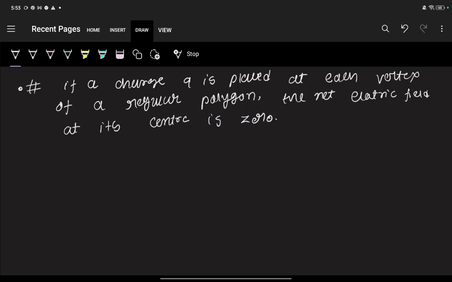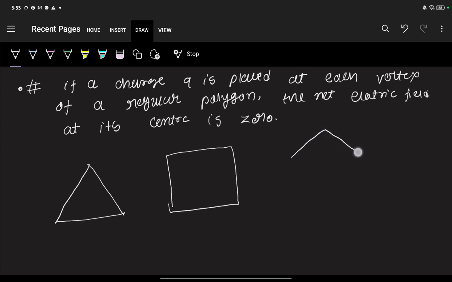Regular polygon means an equilateral triangle, a square, a pentagon. But all the charges should be equal.